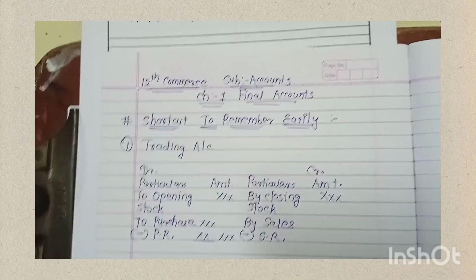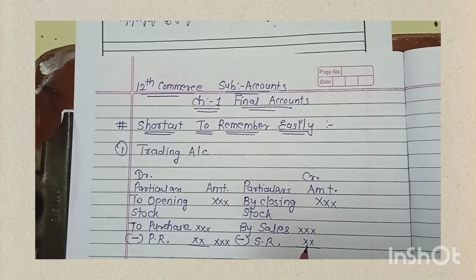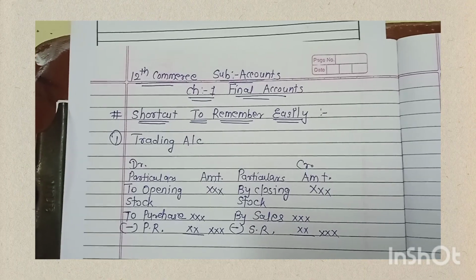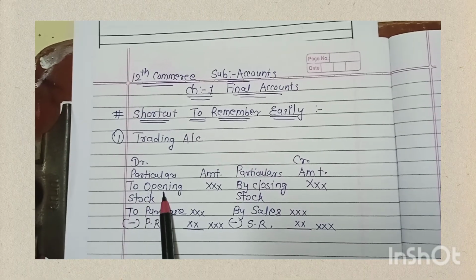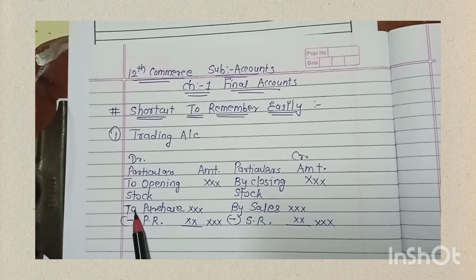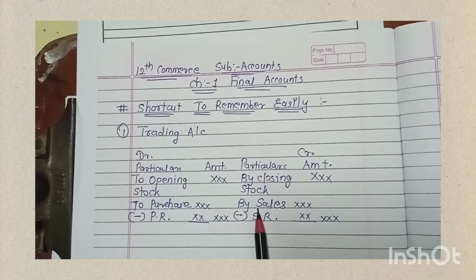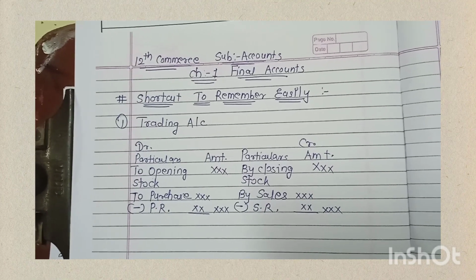In the same way here also we will get some amount. So you know the basic things: opening stock is opposite to closing stock, on the debit side it is purchases, and opposite of this is sales. So this is the shortcut of the trading account.